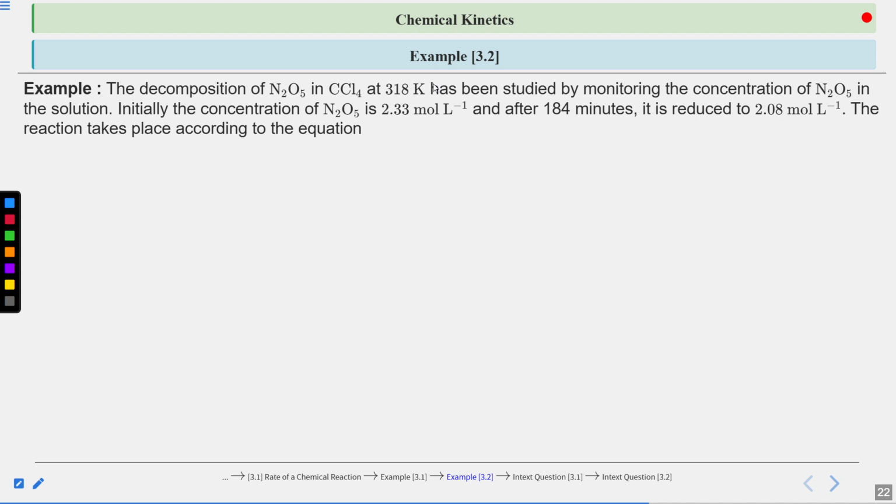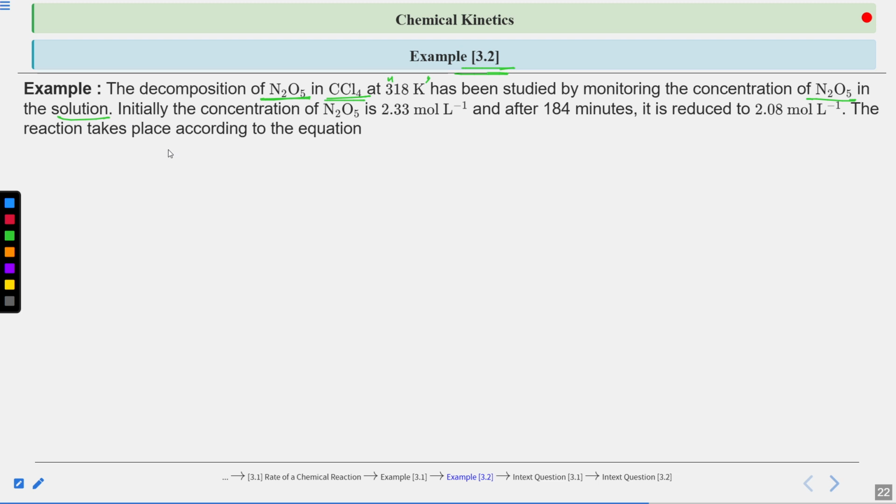Now let's solve another example, which is marked as 3.2. The decomposition of N2O5 in CCl4 at 318 Kelvin temperature has been studied by monitoring the concentration of N2O5 in the solution.